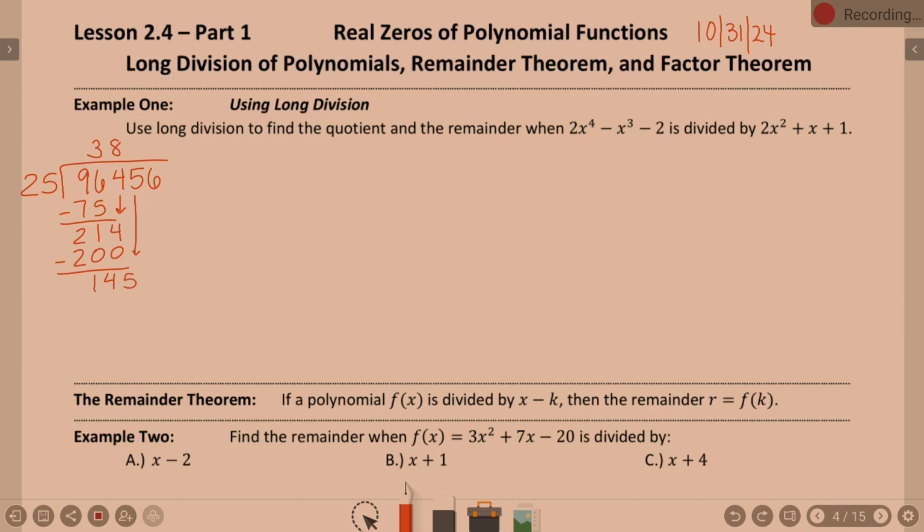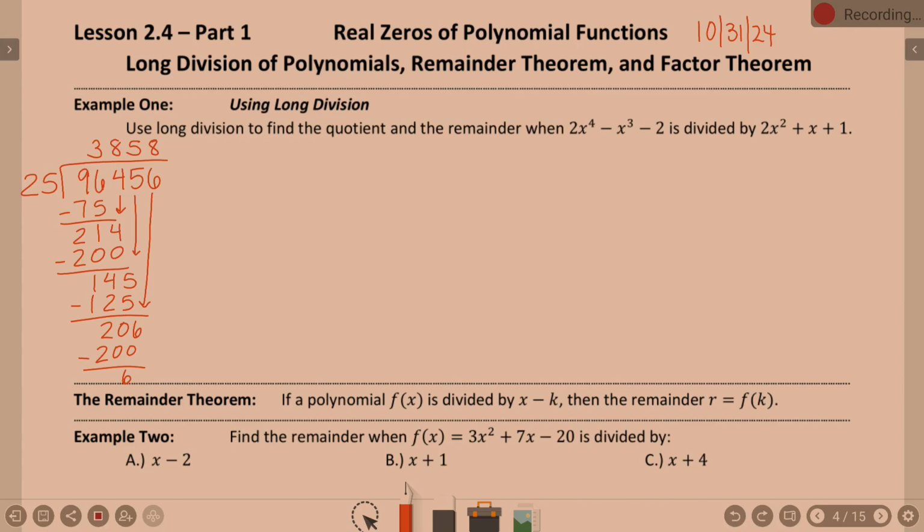Drop the 5. 25s in 145? 5, because 5 25s is 125. 145 minus 125 is 20, and 206. Drop the 6. 25s in 206 again is 8. 8 times 25, 200, remainder of 6.